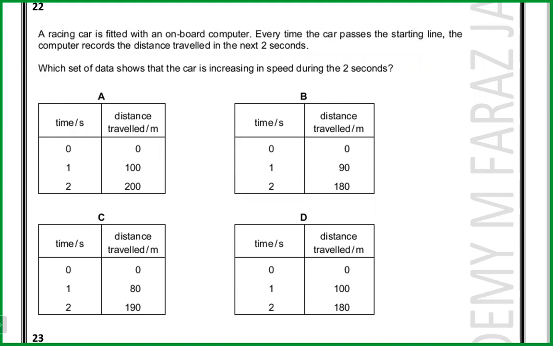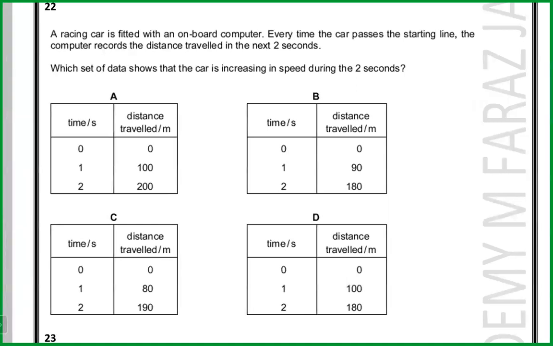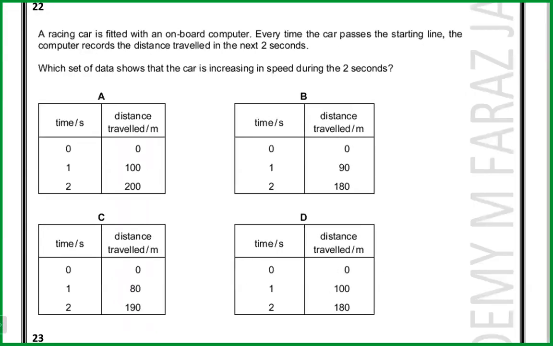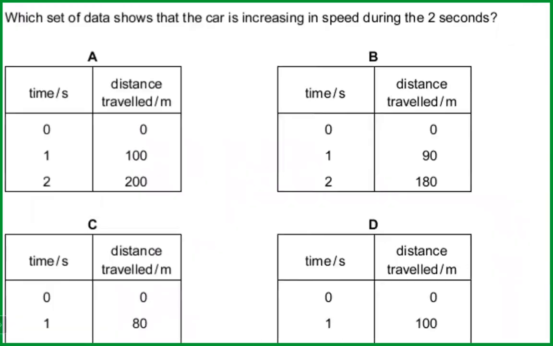Now, which set of data shows that the car is increasing in speed during the 2 seconds? Look, this is very much like the example I gave you with the three cars. Do you remember car number 1, 2, 3? Yes, I do. So listen, here we go.